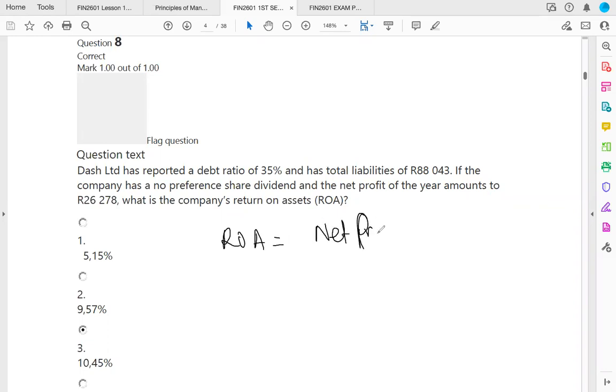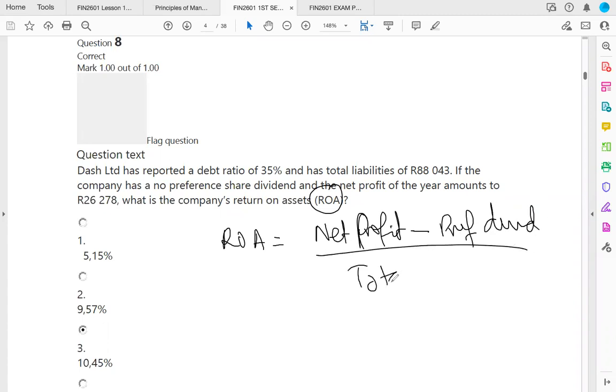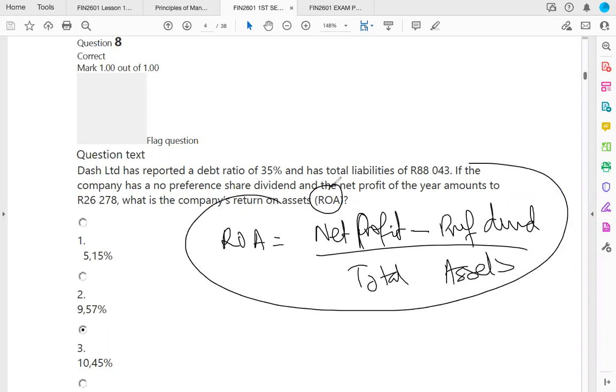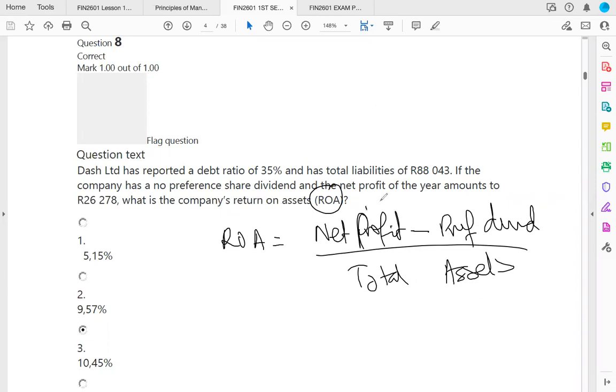We can take our net profits, the formula for return on assets first. Always write the formula for what you want to find: net profit minus our preference dividends divided by our total assets. So this is the formula, right? Now we ask ourselves, have we been given the net profit? We have. We've been told there are no preference dividends. We've been given this, but we don't have our total assets.